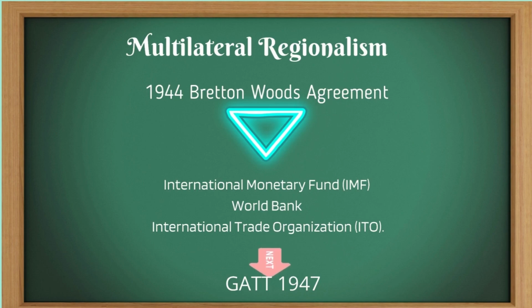The 1944 Bretton Woods Agreement gave birth to the International Monetary Fund, or IMF, the World Bank, and the International Trade Organization, or ITO. The ITO failed to materialize in its goal to supervise the establishment of a non-preferential multilateral trade system, and it was picked up by the GATT, which was created in 1947.